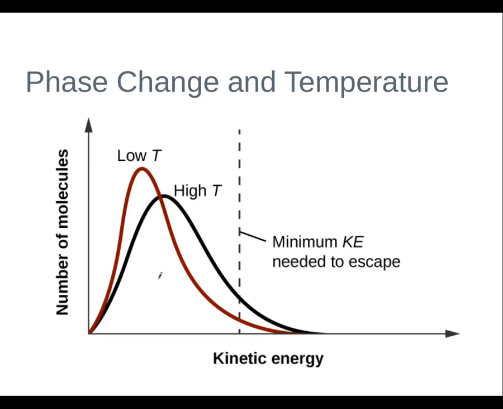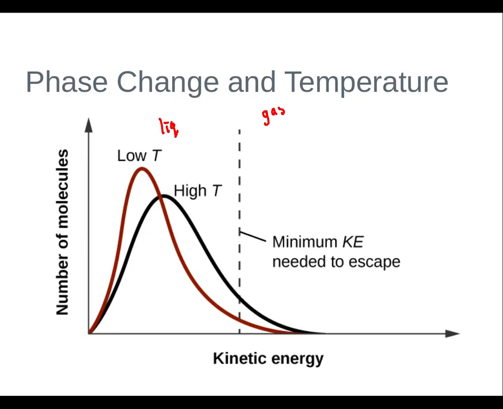Now, a phase transition happens simply because the kinetic energy of a molecule is fast enough to overcome the attraction. So let's imagine that that little dashed line is separating something that goes from a liquid to a gas. Now all that means is if the speed of the molecule, or the kinetic energy of the molecule, gets to a certain level, it's going to escape and turn into a gas phase.